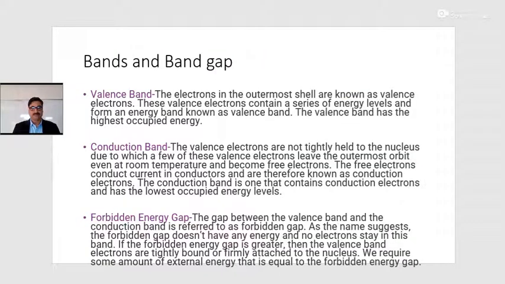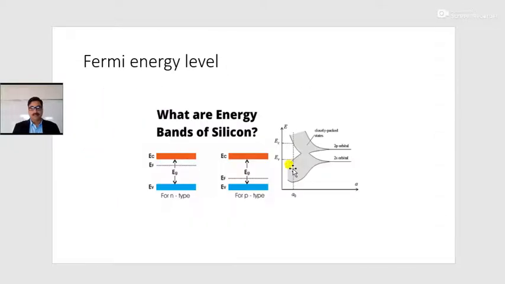And these lines form the energy band, and this energy band is finally divided into two parts corresponding to the valence band and conduction band.